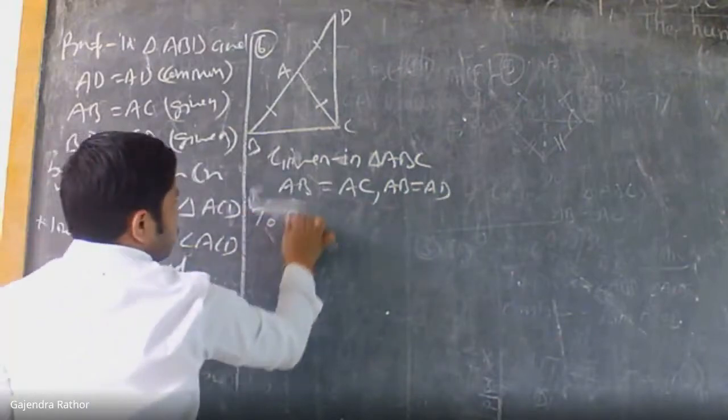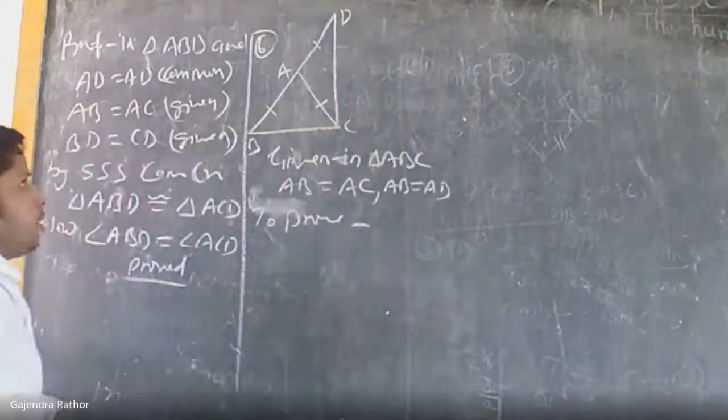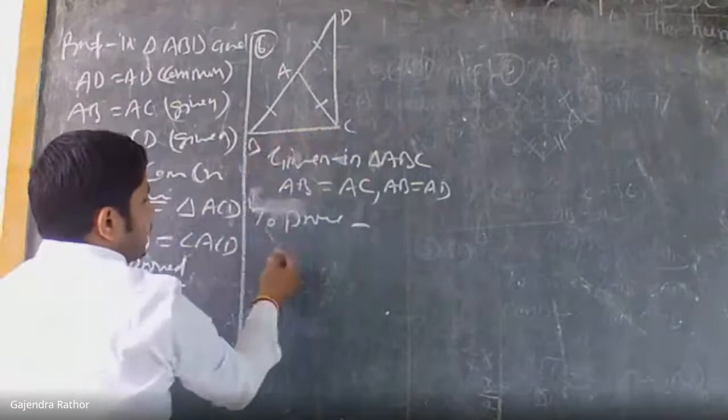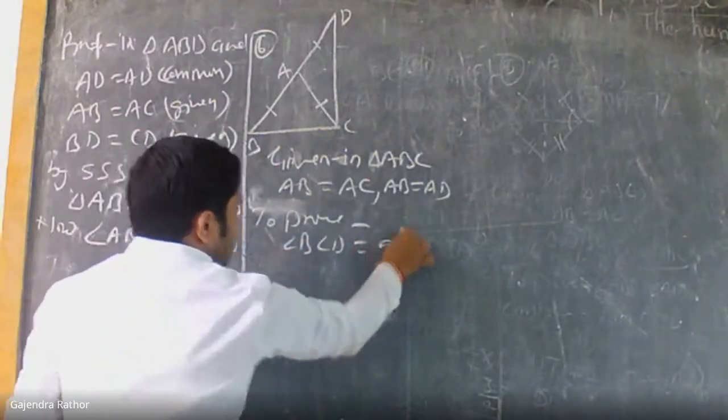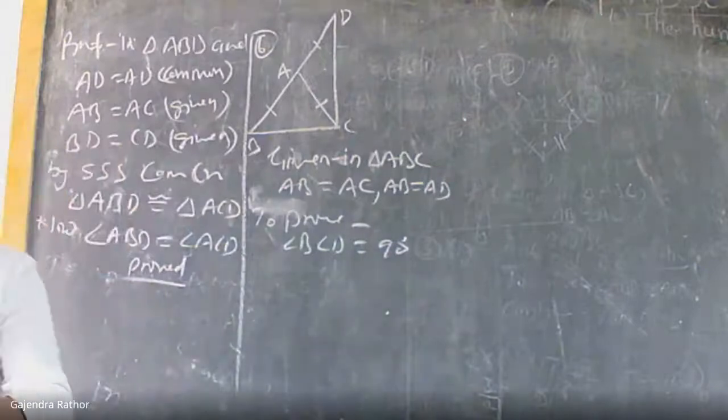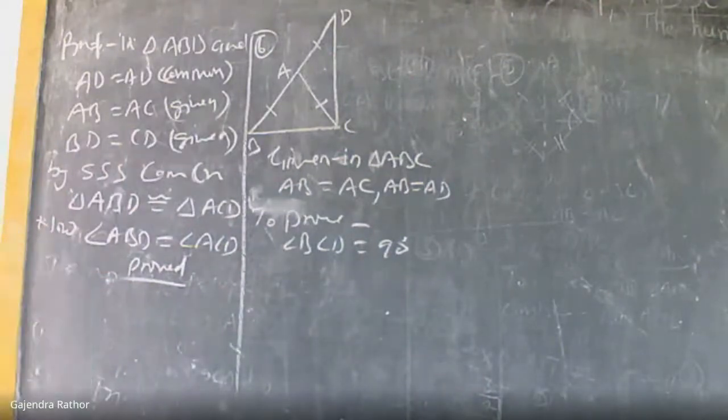Now we need to prove angle BCD is a right angle. So BCD is equal to 90 degrees. This is the point we need to prove.